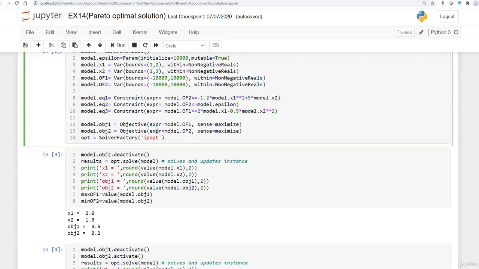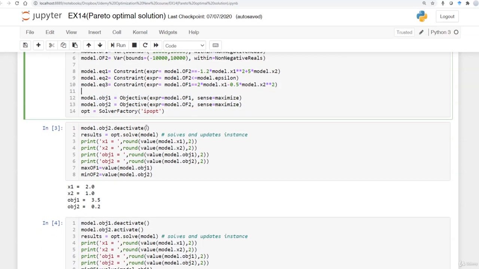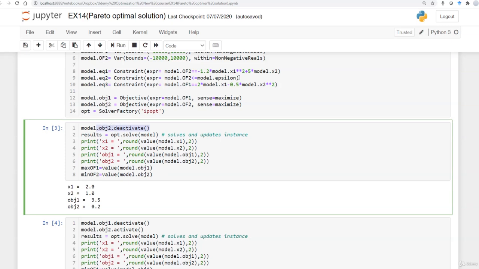So as you can see here, it's strange. I do have more than one objective function. That's fine in the definition phase. But when I want to solve that, I have to deactivate one of them, okay? So I put a limit for OF2 and I deactivate objective 2, okay? Pay full attention here.